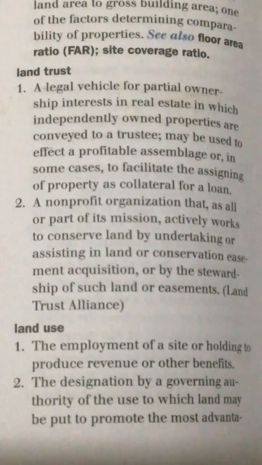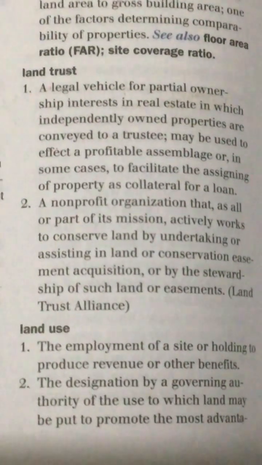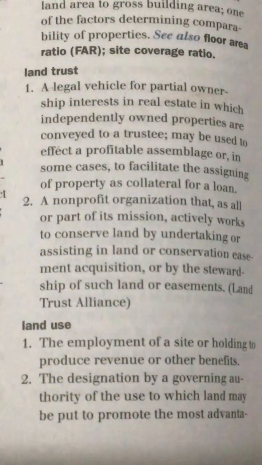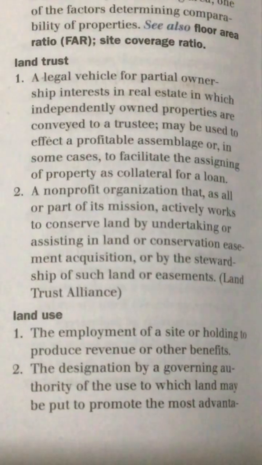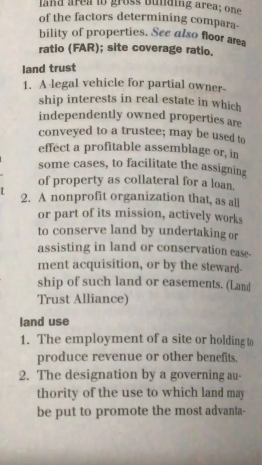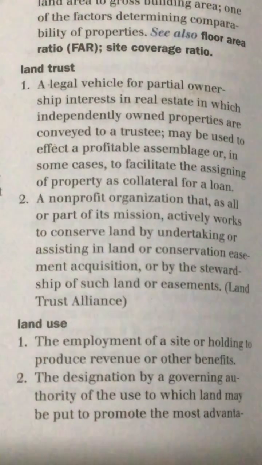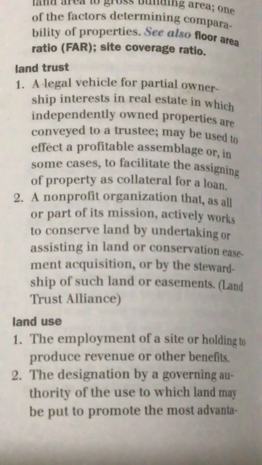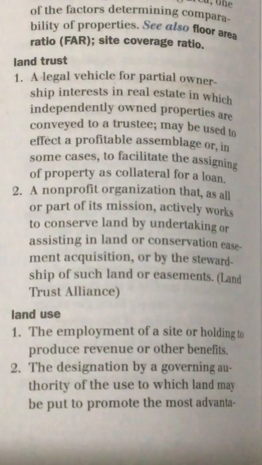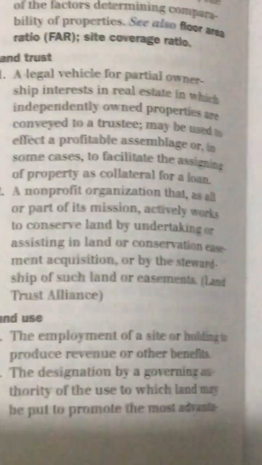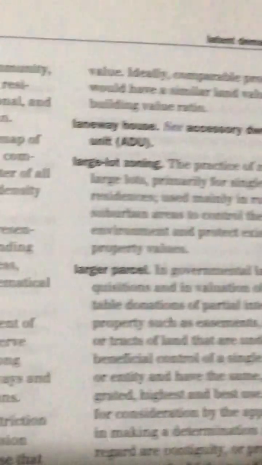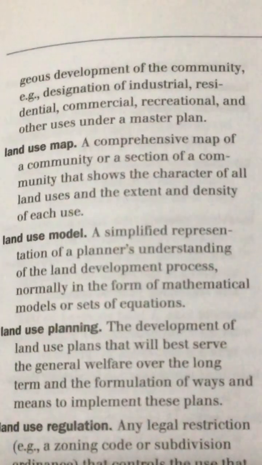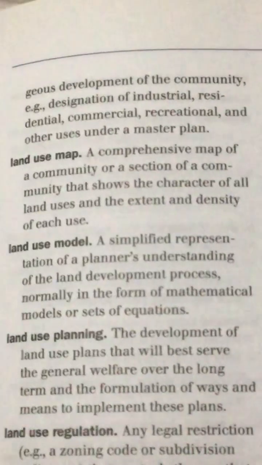Land use. Number 1, the employment of a site or holding to produce revenue or other benefits. Land use. Number 2, the designation by a governing authority of the use to which land may be put to promote the most advantageous development of the community.